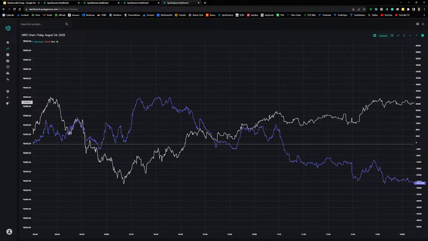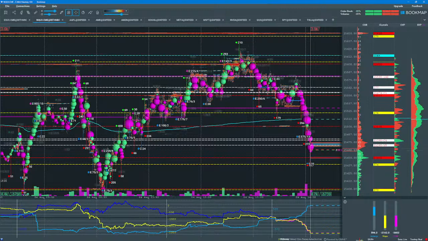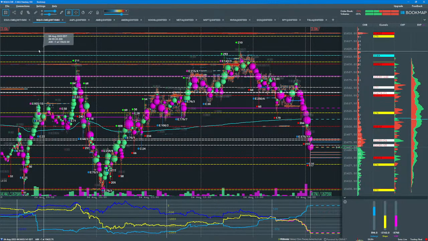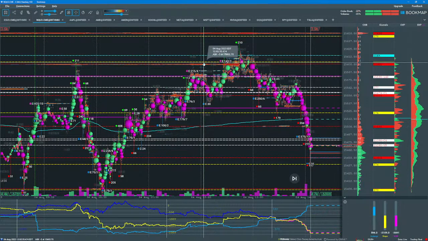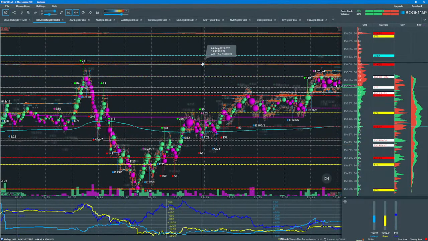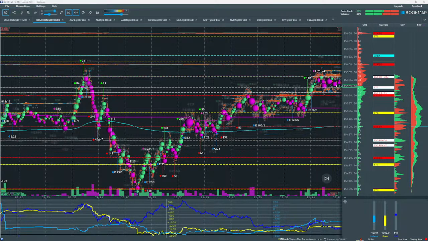So let's go back to Bookmap. We'll take a look at Nasdaq. So reading order flow, let's zoom in on the morning. Again, the same pattern as yesterday, and also the S&P 500, reversal levels at NDX 15,500.